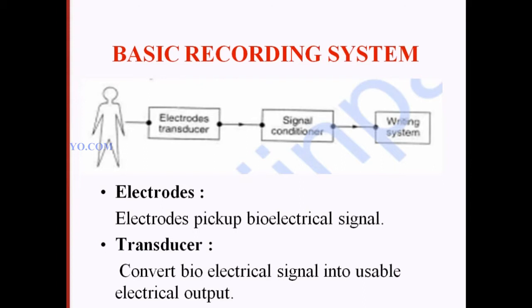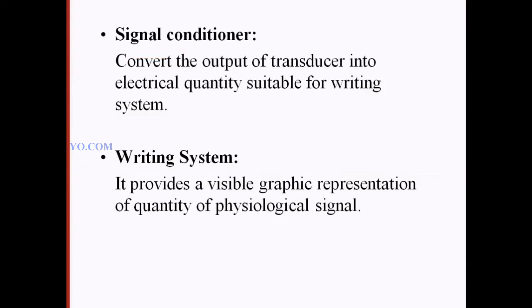The second one is the transducer. The transducer converts the bioelectrical signal into a usable electrical output. It converts one form of energy into another form of energy. After that, the signal conditioner. The signal conditioner converts the output of the transducer into an electrical quantity suitable for the writing system.